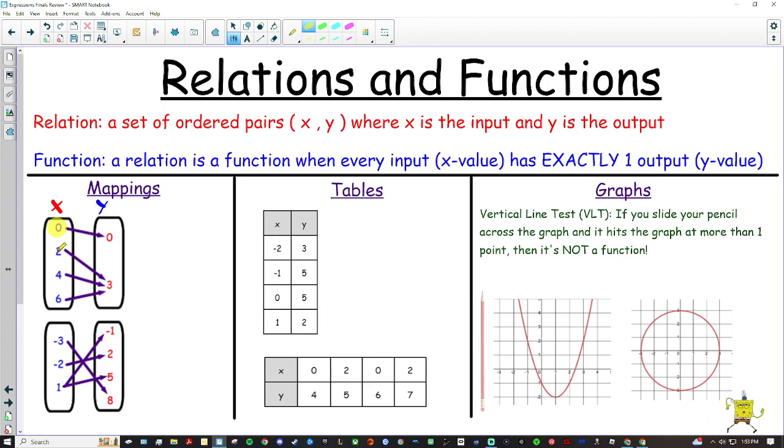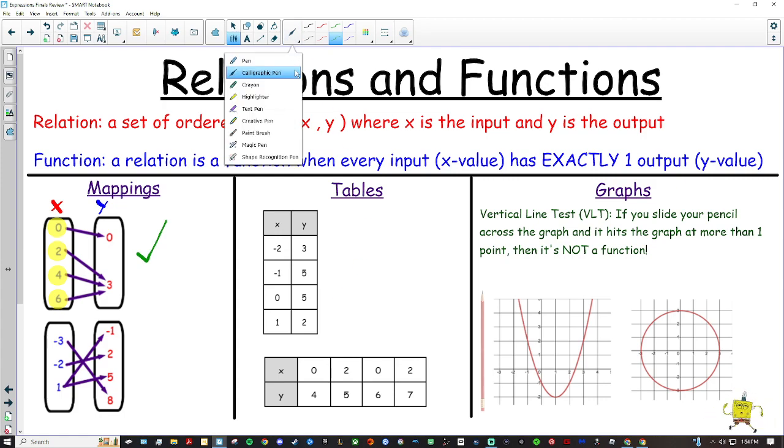That's good. 2 only has one output. Very good. 4 only has one output. 3. And 6 only has one output, one arrow. So this first one is a function.